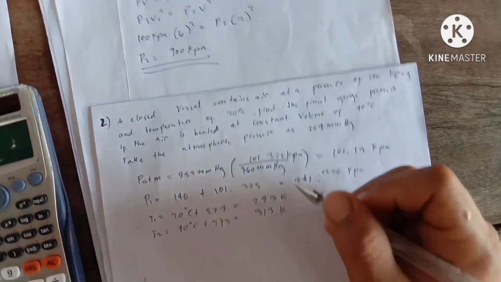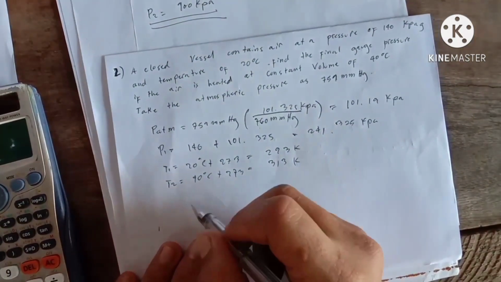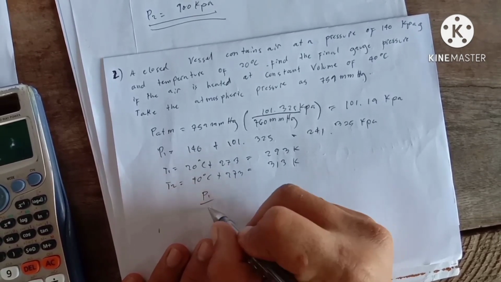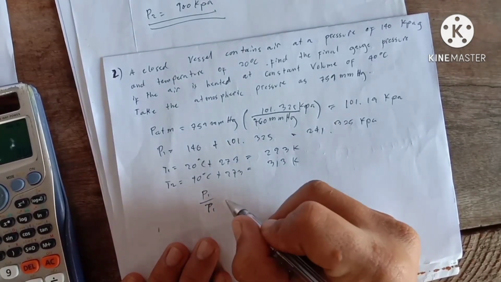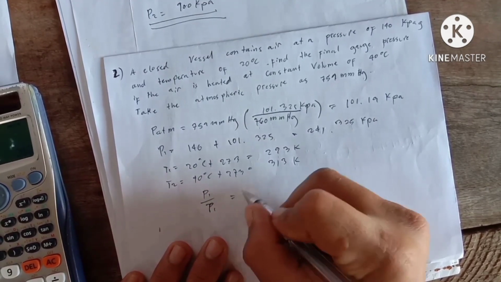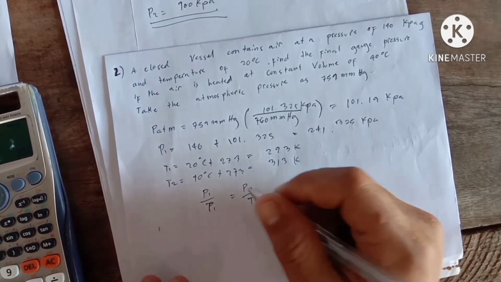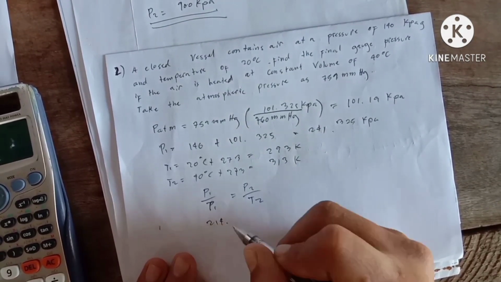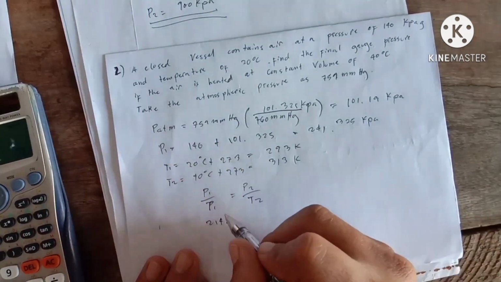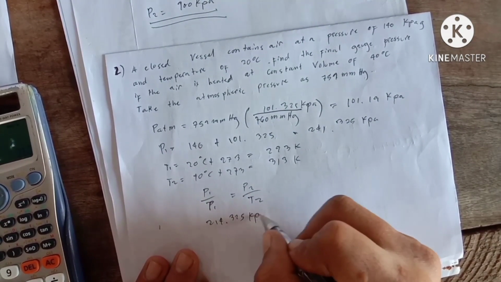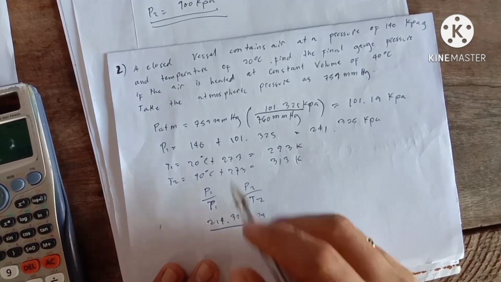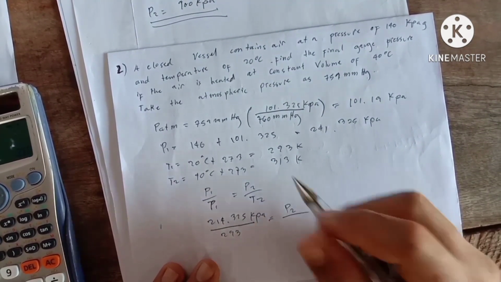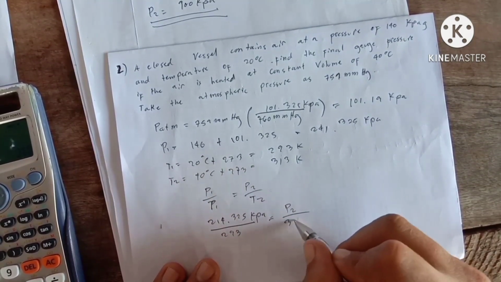So we need to use the formula P1 over T1 equals P2 over T2. Pressure 1 is 241.325 kPa over temperature 1, 293, equals pressure 2 over temperature 2, 313 Kelvin.